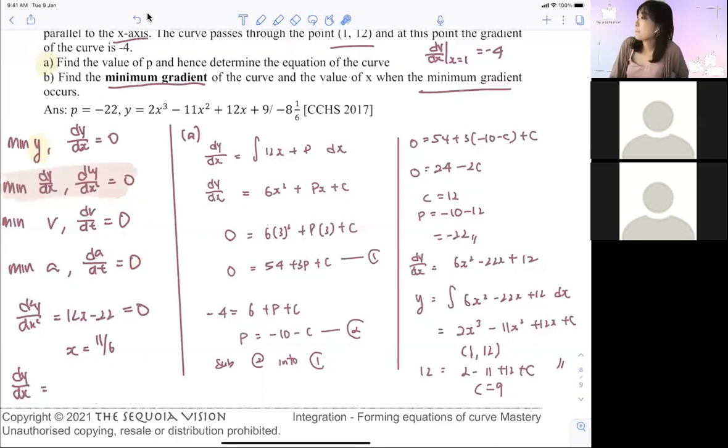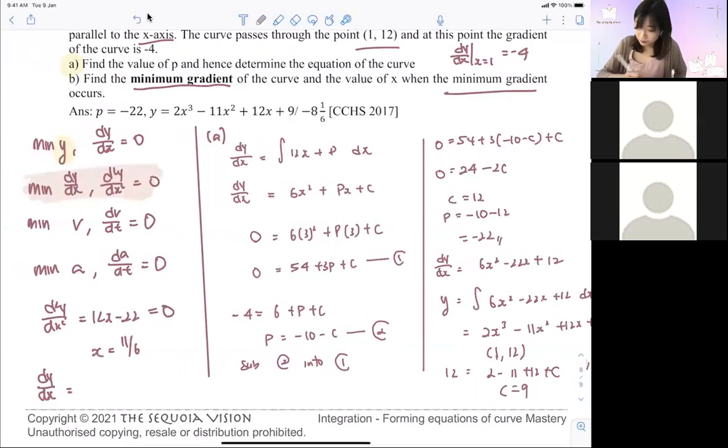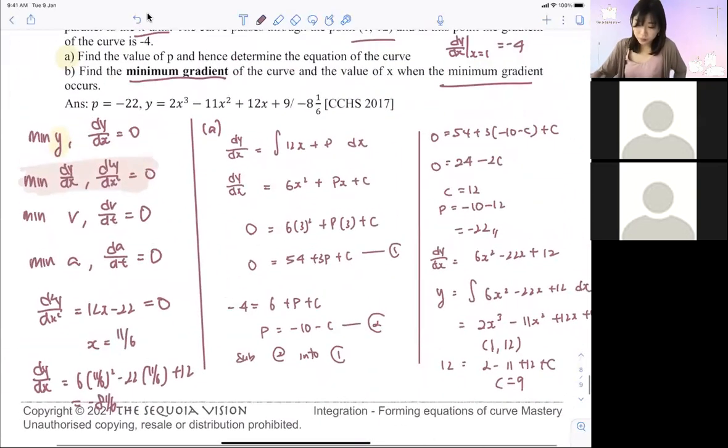All right. Both of you clear? Okay with this?